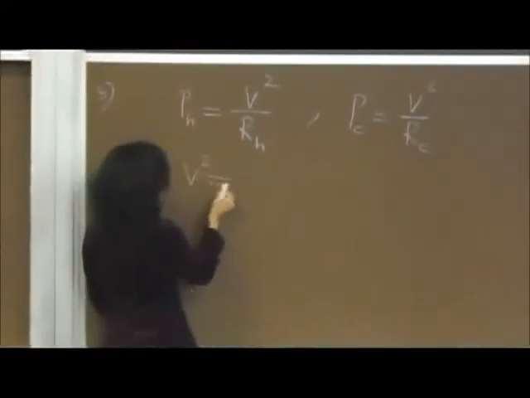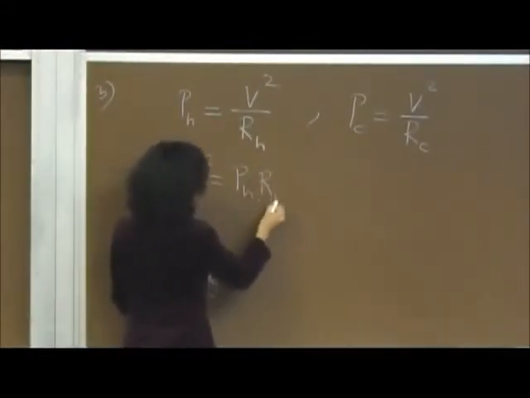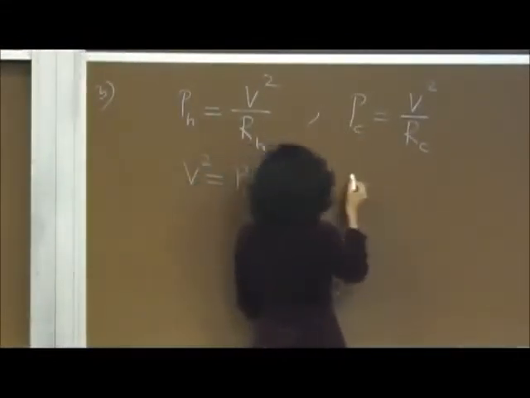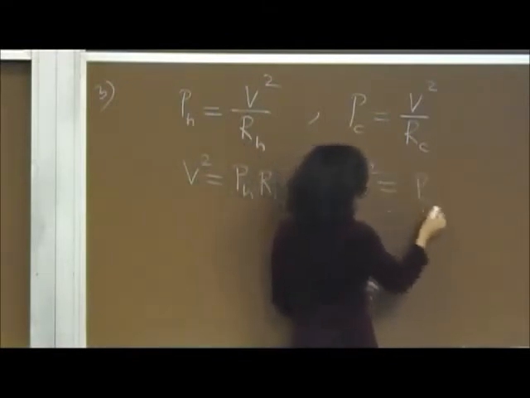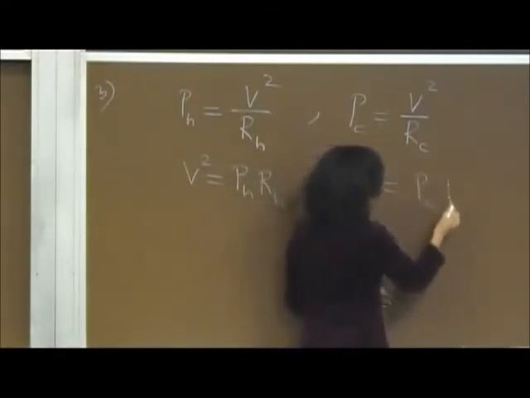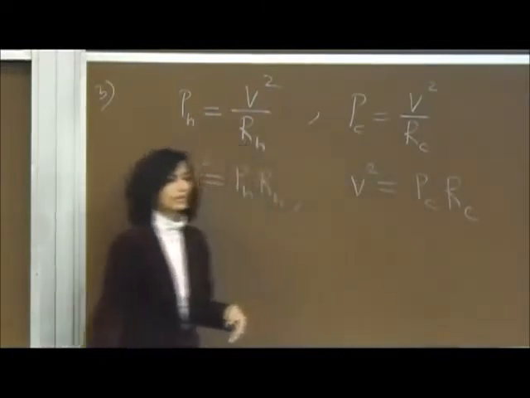So that means we have V squared is equal to PH times RH. And here we have V squared is equal to PC, power when the thing is cold, times resistance when the thing is cold.